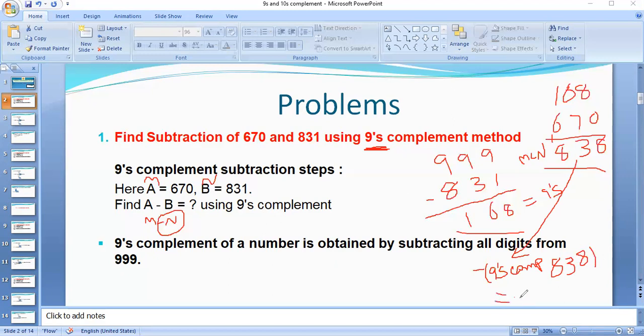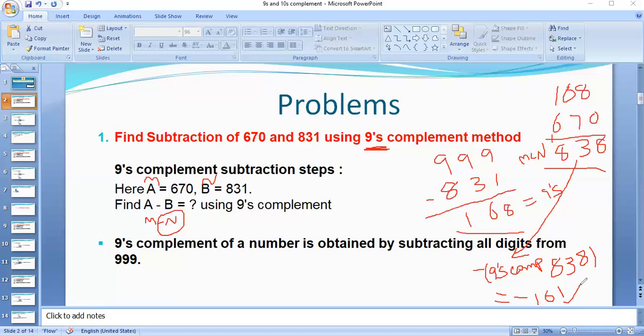So here the 9's complement result is 161. See here, 9 minus 8, 1. 9 minus 3, 6. 9 minus 3, 6. 9 minus 8, 1. Okay, so this will be the final result.